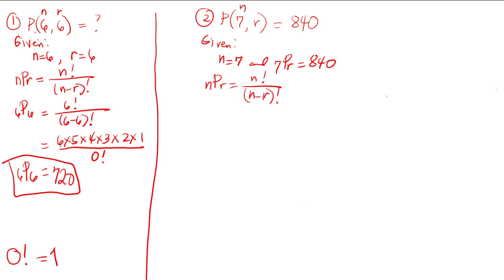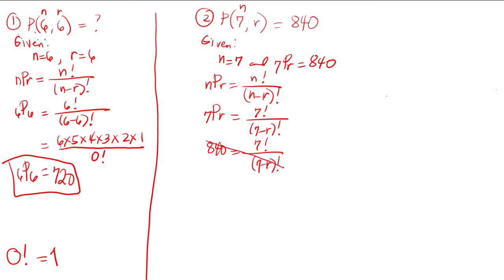Substitute, n is 7, r is still r. 7 factorial over 7 minus r, quantity factorial. And 7Pr is equal to 840. Correct? So, 840 is equal to 7 factorial over 7 minus r quantity factorial.